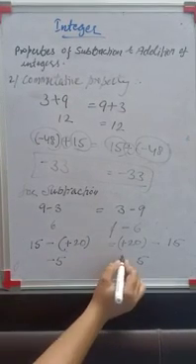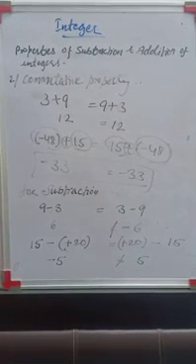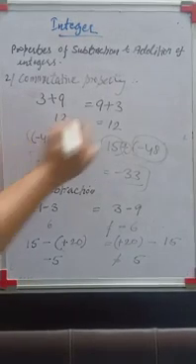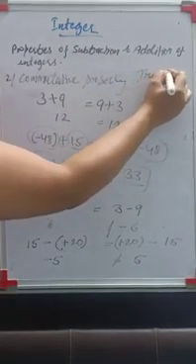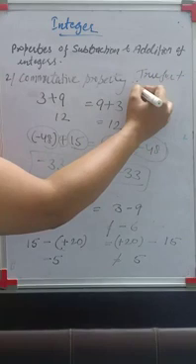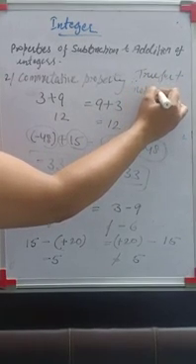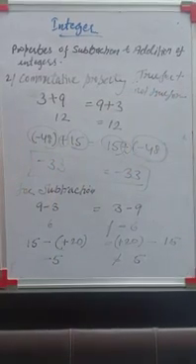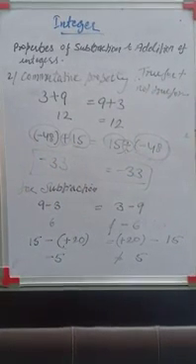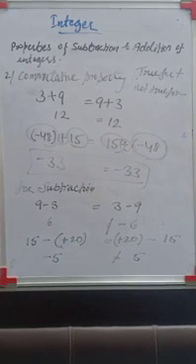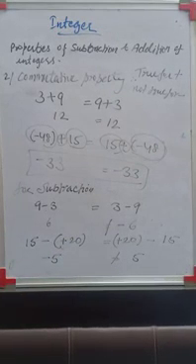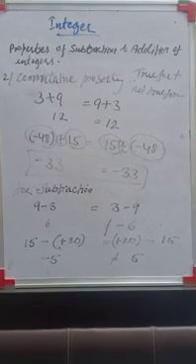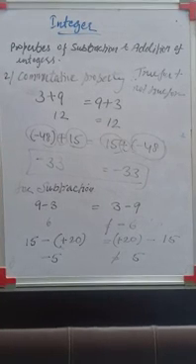Both are equal? No. Right? That means the commutative property is true for addition but not true for subtraction, right? That means in case of addition of two integers, the commutative property will be true, but in case of subtraction of two integers, the commutative property will not be true.